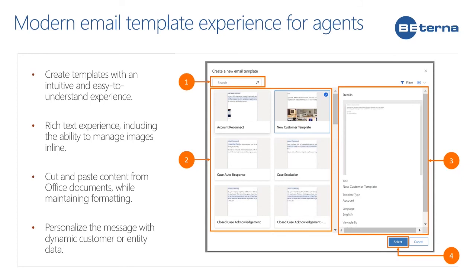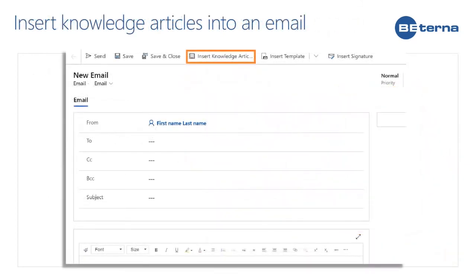And of course, once we have these templates, once we have knowledge articles that I mentioned before in a form that is actually suitable and looks nice, we can insert this knowledge article into the email. Now, this functionality was available before in the old interface.